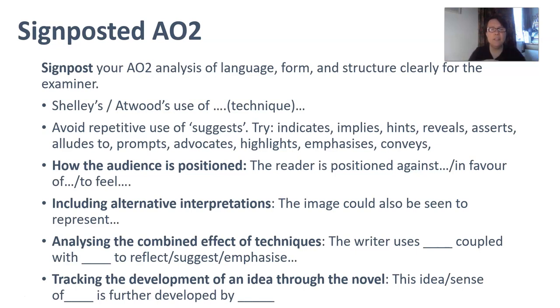This idea is further developed later in the text. And this would be really good if you're talking about motifs, the motif of flowers or colour through The Handmaid's Tale. You can name check even in your analysis.